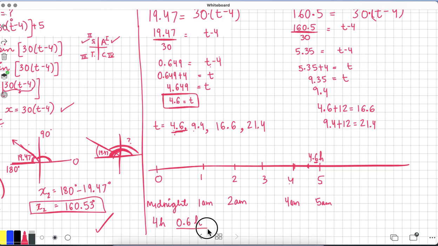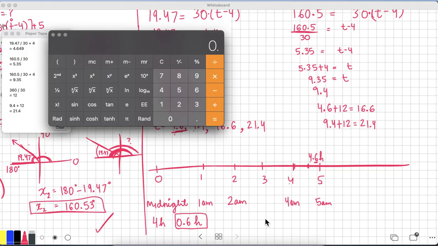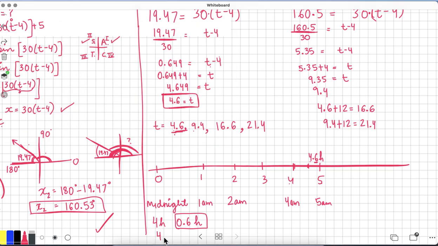Can we convert 0.6 hours into minutes? In 1 hour there are 60 minutes, so just multiply 0.6 by 60. It's going to be 36 minutes. So 4:36 a.m. is the time when the high tide will occur.